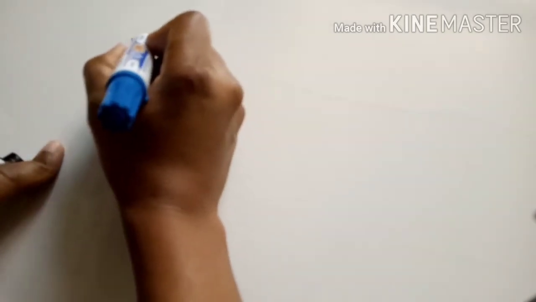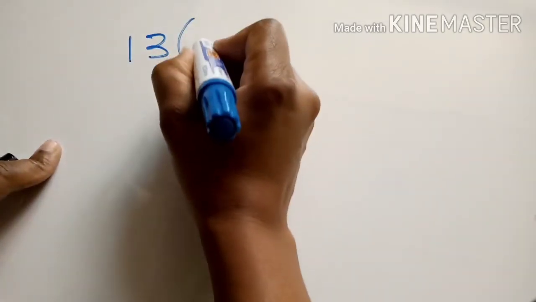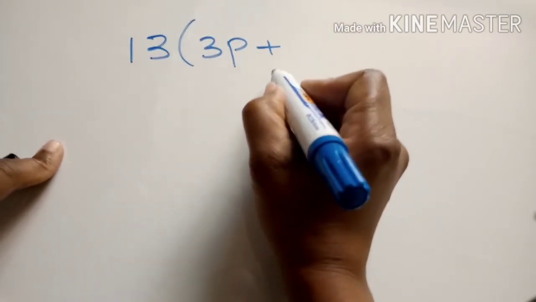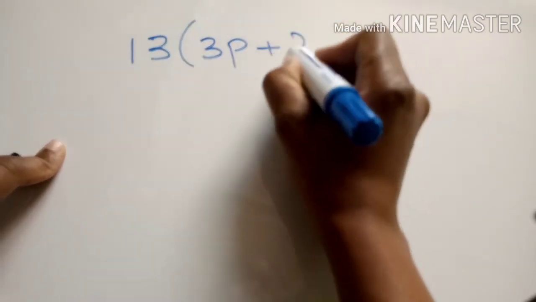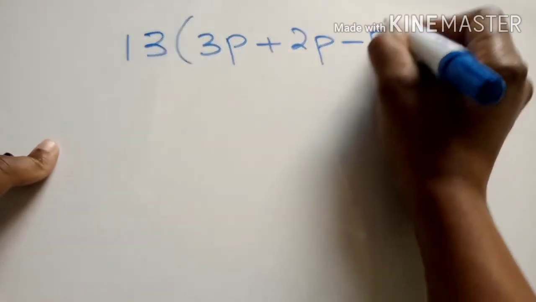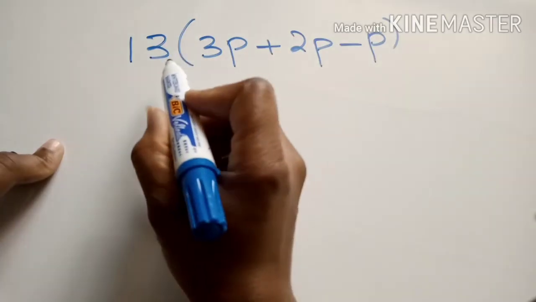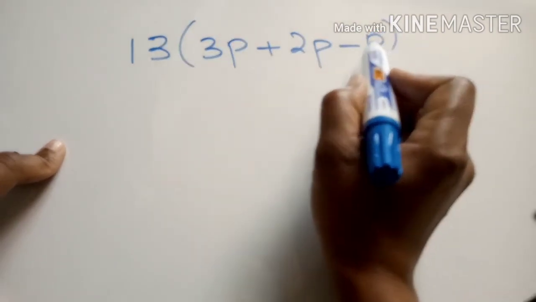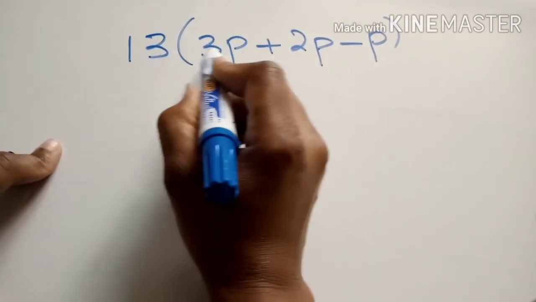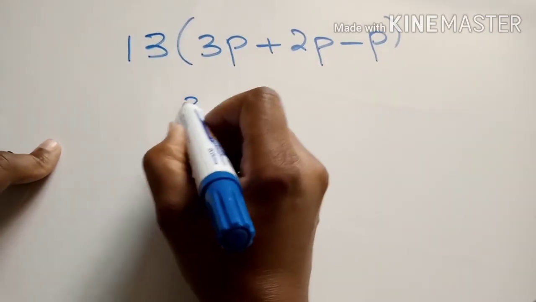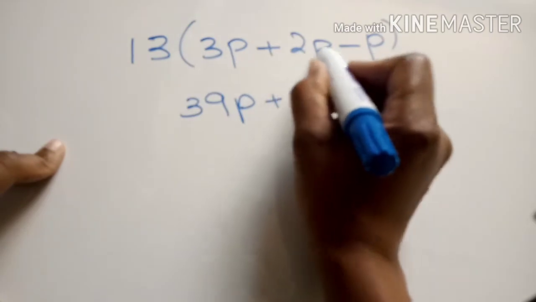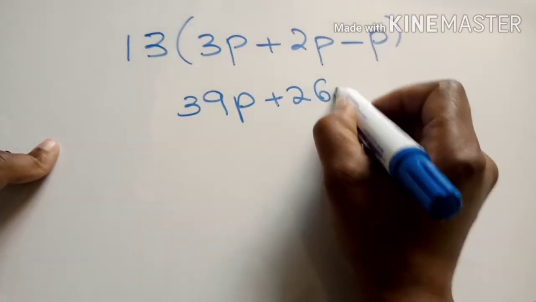So let's work this out. This one we have 13 into bracket 3p plus 2p minus p. Every term will be multiplied. This is a term, 2p and minus p will be multiplied by 13. So 13 times 3p, that will be 39p, plus 13 times 2p, that is 26p.